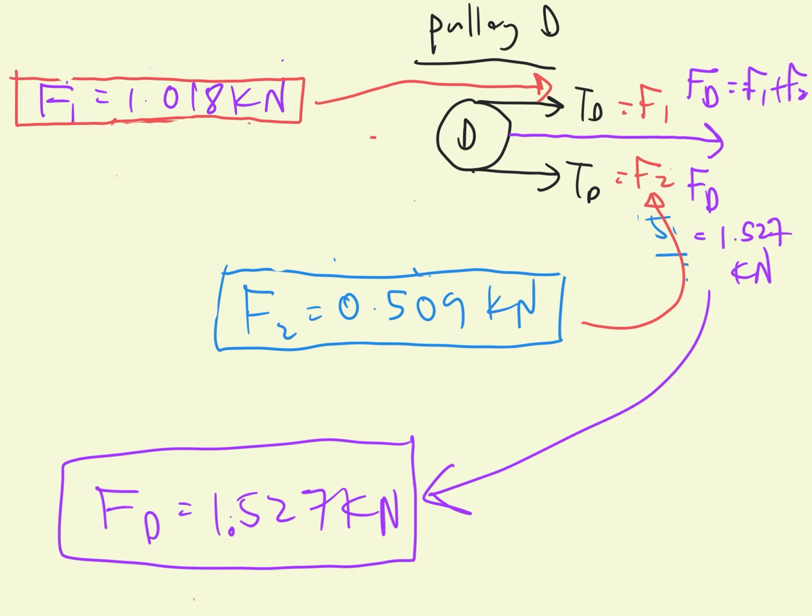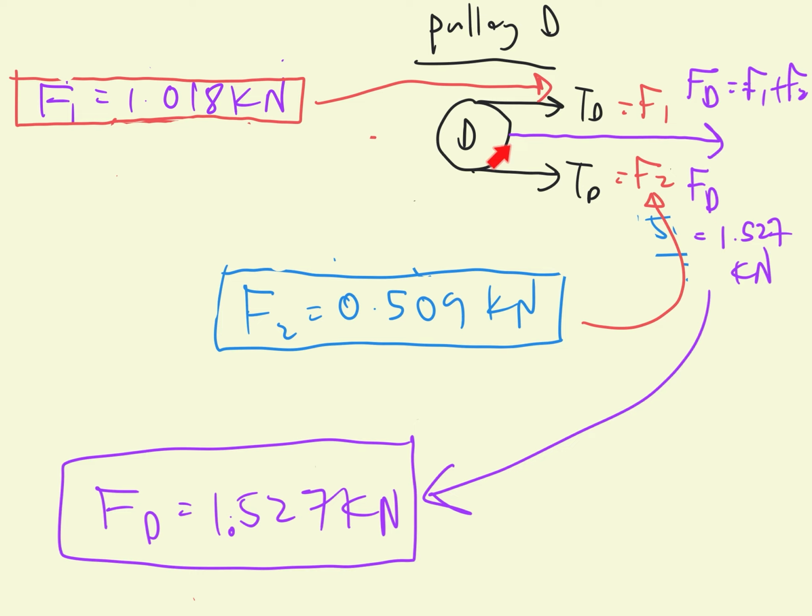So this value FD we will put into the free body diagram of the shaft in terms of x and y axis. If we see here, the total force acting at pulley D is only on the x axis. There is no force acting on the y axis.